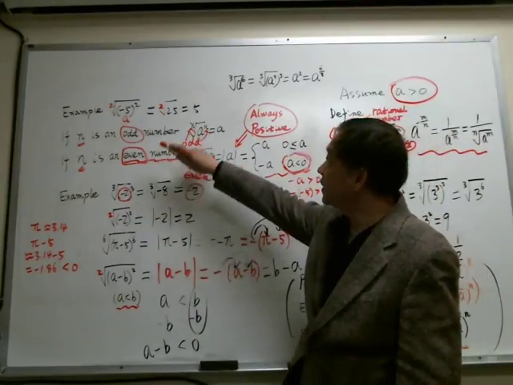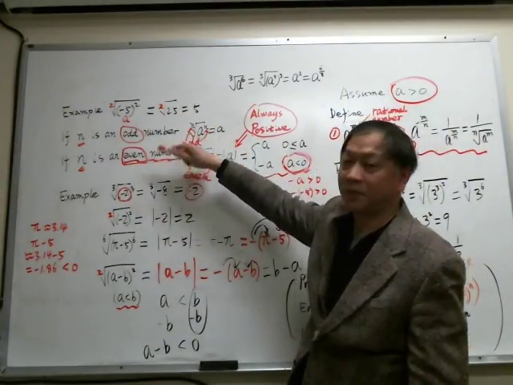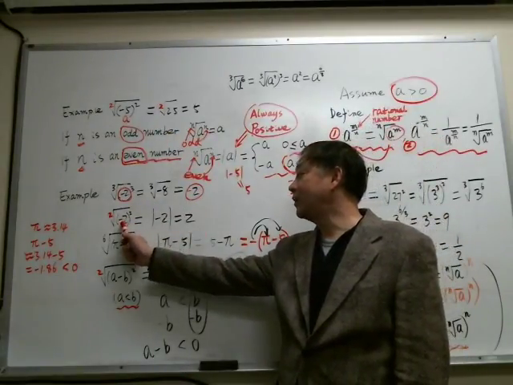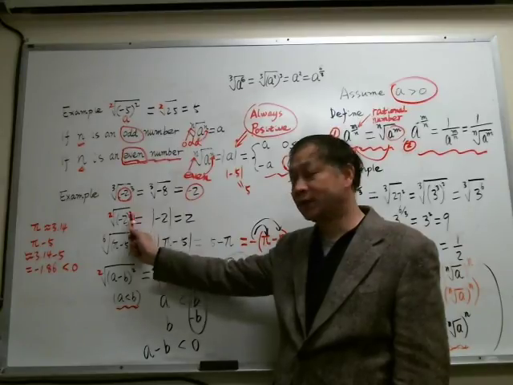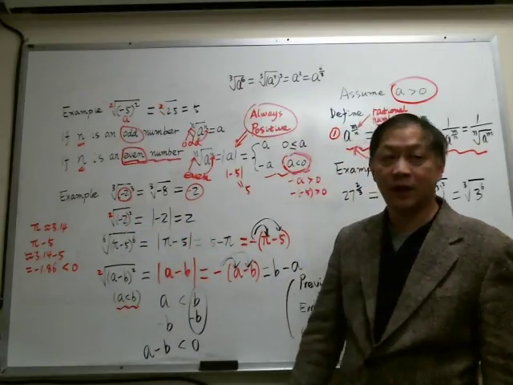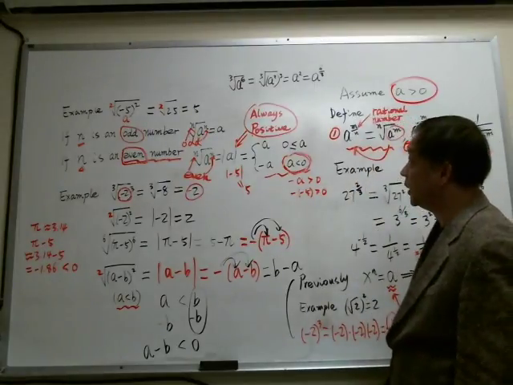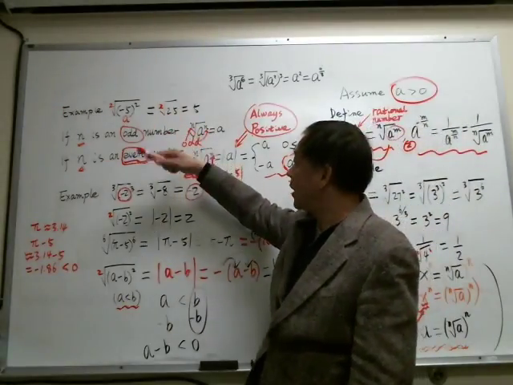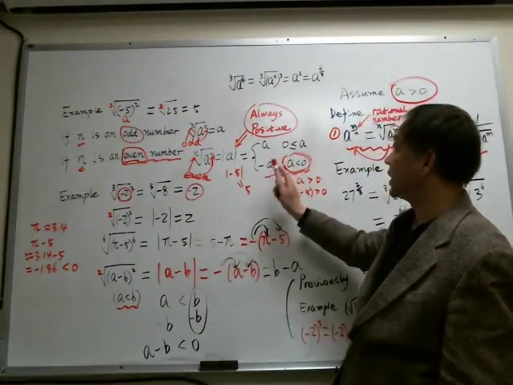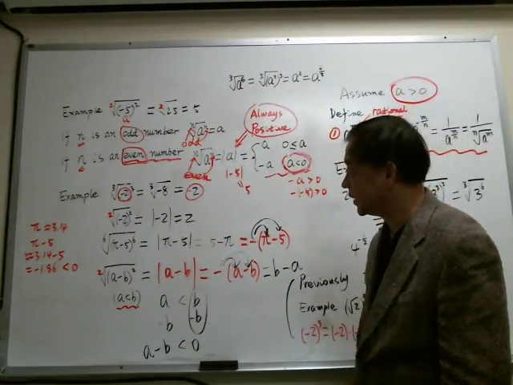So those two examples are actually the same. You can do more steps: negative 2 squared is 4, and then the square root of 4 is 2. So you can do it either by middle steps or by using the formula here. You always get a positive value here.